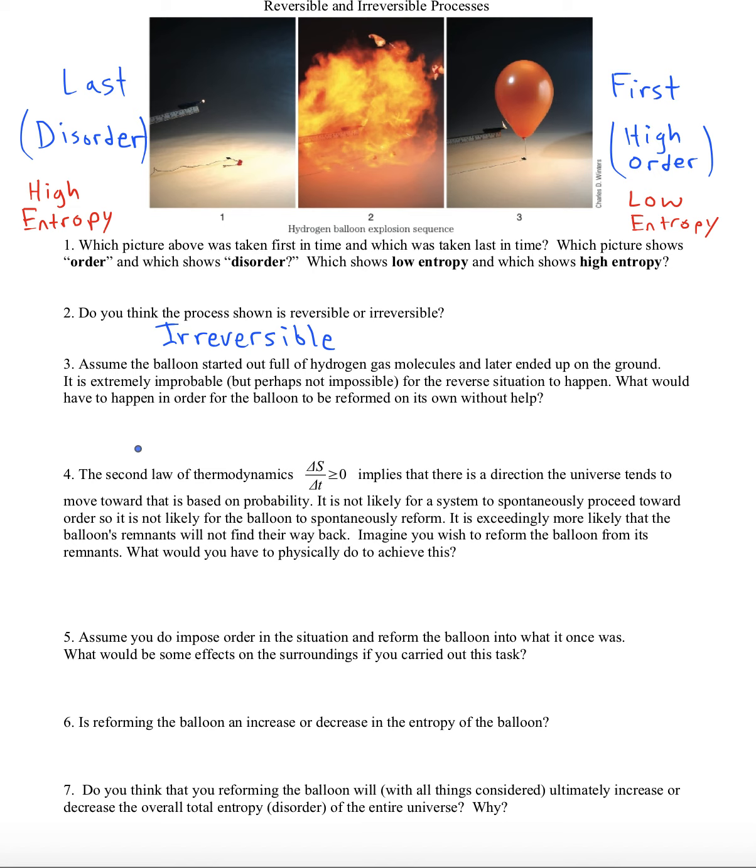Well, the balloon parts would have to come back to the position that they were in originally, the reaction would need to be undone. So the hydrogen would have to be like unburned.